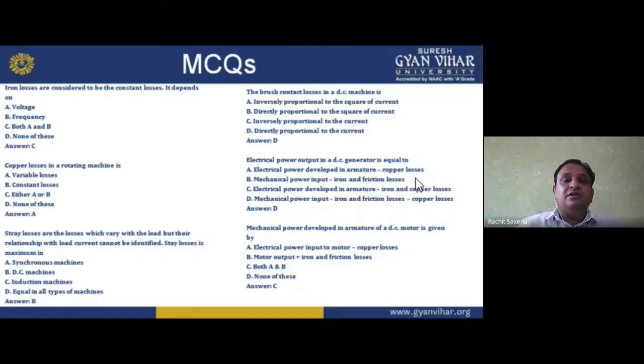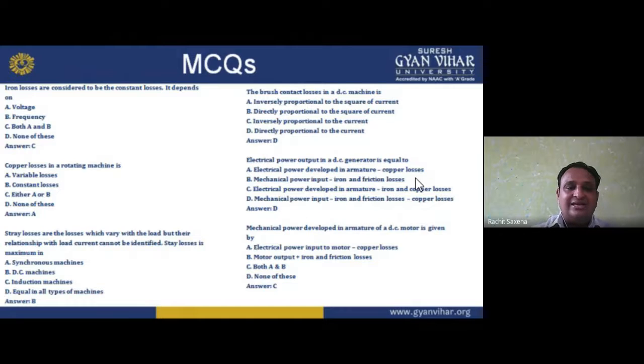Now, related to this topic, we have some multiple choice questions, because we covered losses and efficiency. In a motor, output upon input, the output is mechanical, the input is electrical. Now, the iron losses are considered to be constant losses. Do they depend on voltage, frequency, both A and B, or none of these? A and B, voltage and frequency both. Copper losses in a rotating machine are variable loss, constant loss, either A or B, none of these?